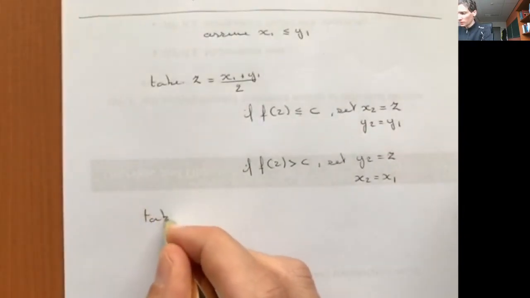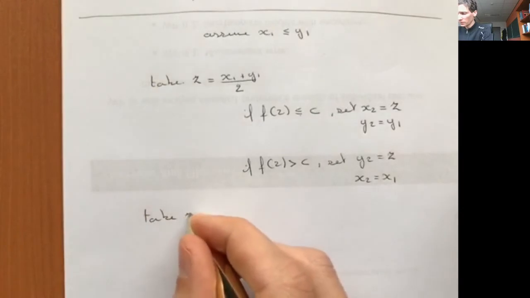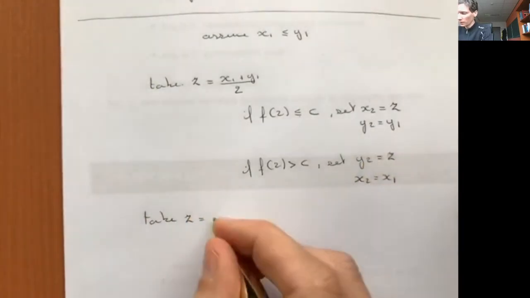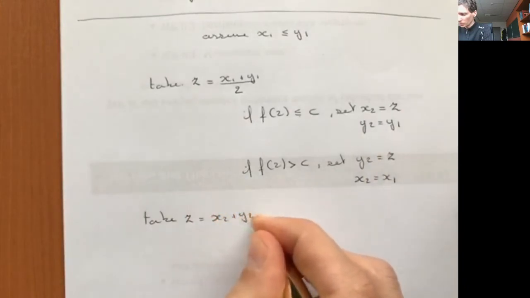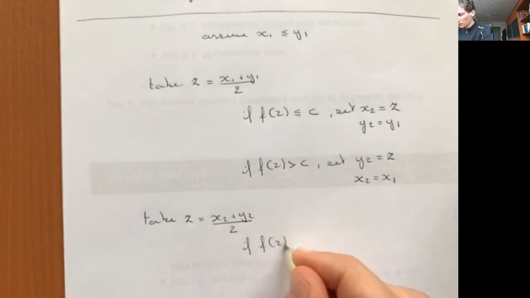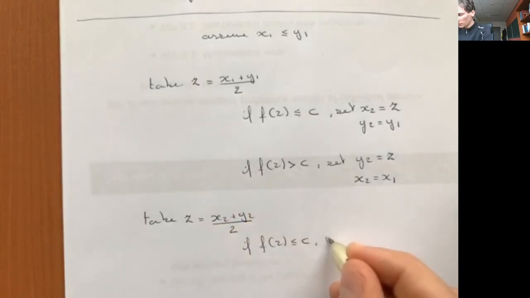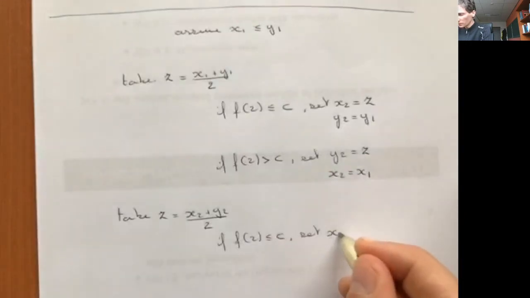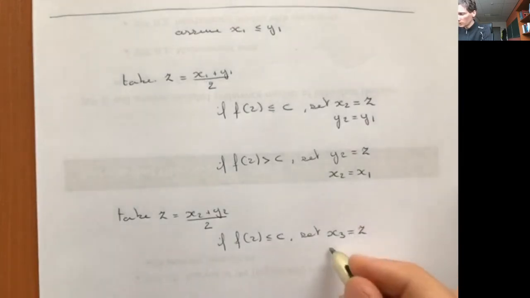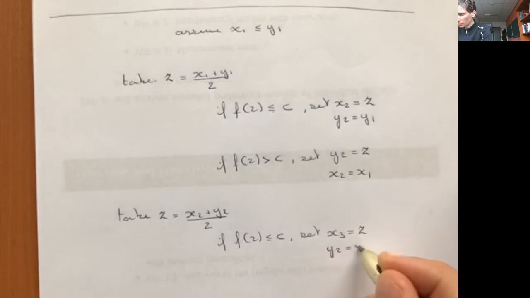And then we can do this again. Take the number z, which is now the midpoint of these updated values, x2 plus y2 over 2. If f of z is lower or equal to c, we set x3 to be equal to z, and y3 to be equal to y2.